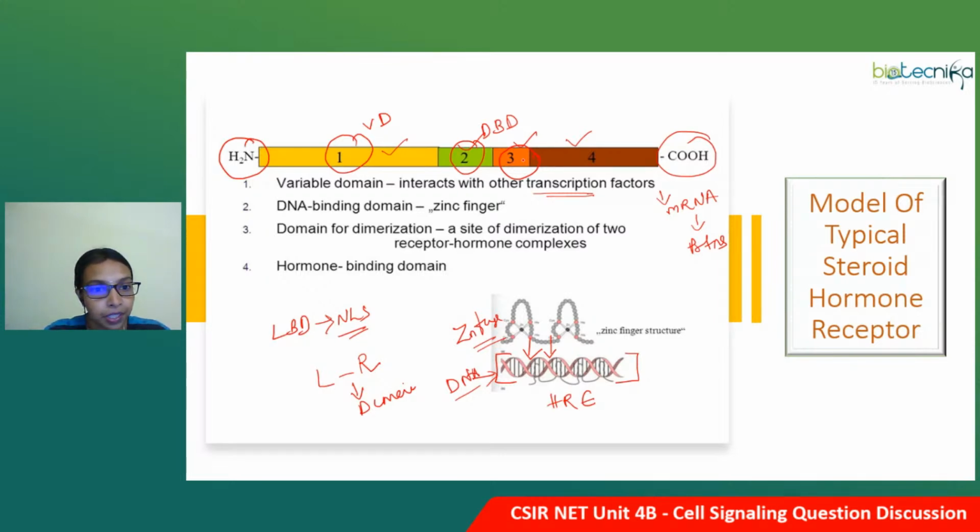Some reason should be there, right? Without any reason, nothing happens in this world. So similarly, if dimerization is occurring, there should be a reason behind it.